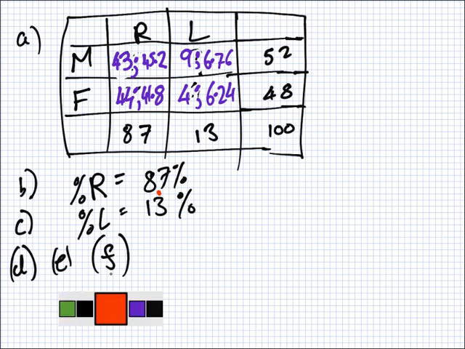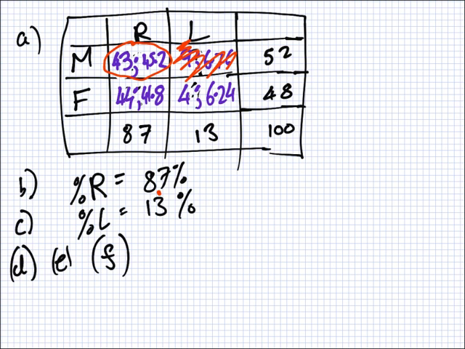Okay, let's start here. Could this number vary? Of course. But the moment I know this number, I automatically know this number, because the total number of men is 52. So there's no freedom here. The moment I know this number, I also know this number.